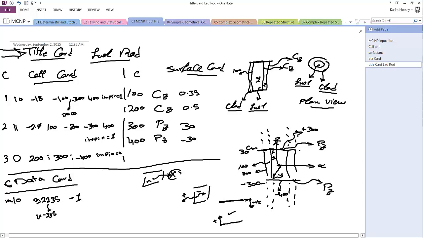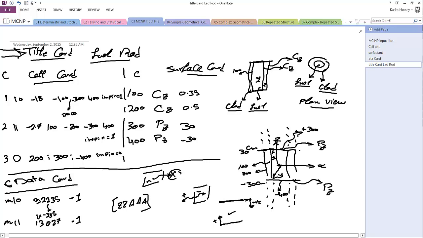The negative sign means I'm talking about gram fraction or weight fraction. I have M11. We said it's aluminum, so it's 13027, also negative 1. You notice here the material is written in ZZAAA format to describe each isotope.